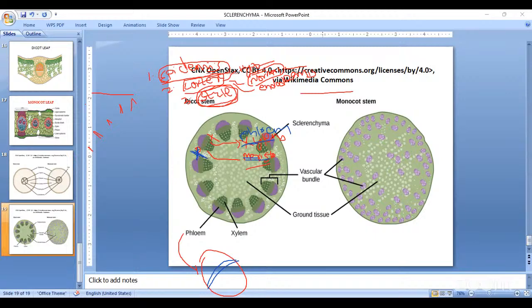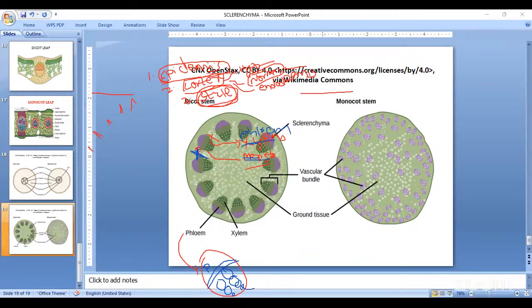Right. So outside is phloem, inside is xylem. The xylem toward the medulla region is the first xylem. This type of development is called endarch condition.